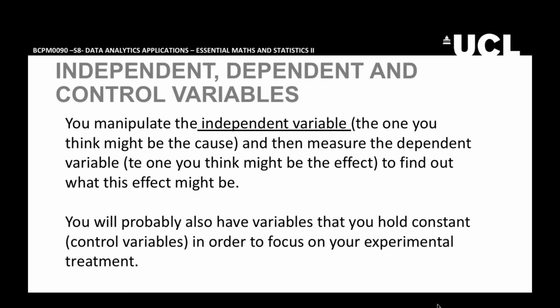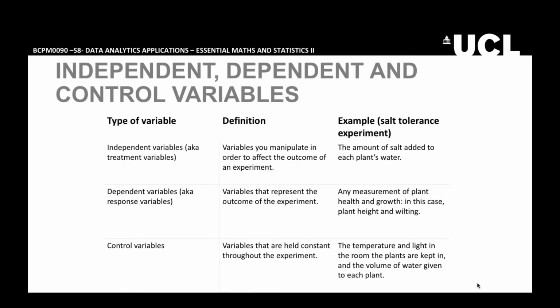But at the same time, when we are observing a phenomenon, we will probably also have variables that you need to consider constant in order to focus on the effect of the independent variable over the dependent one. Here you can see a table to clearly identify the different types of variables and a simple example of an experiment to understand the concept of independent variable, dependent variable, and control variables.